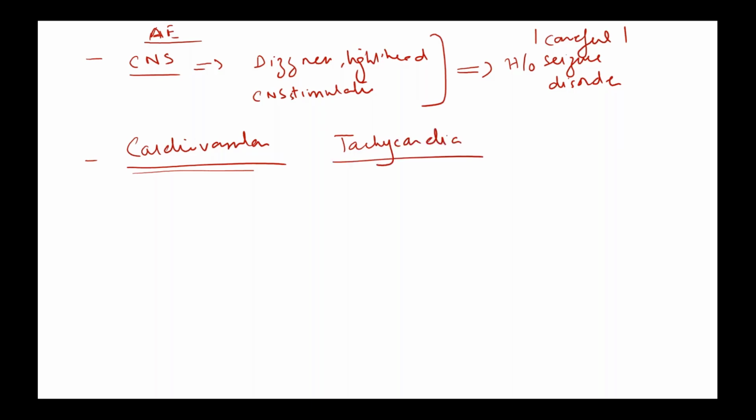And if your patient has any underlying cardiovascular disease, it can precipitate arrhythmia. So you should be very careful in patients who have an underlying history of coronary artery disease, arrhythmia, CHF, uncontrolled hypertension.